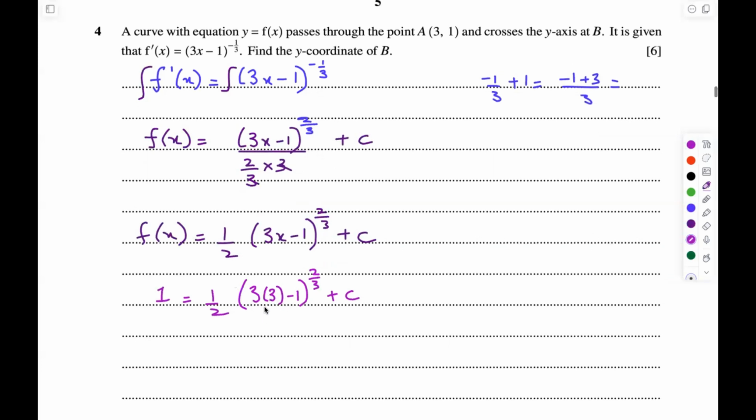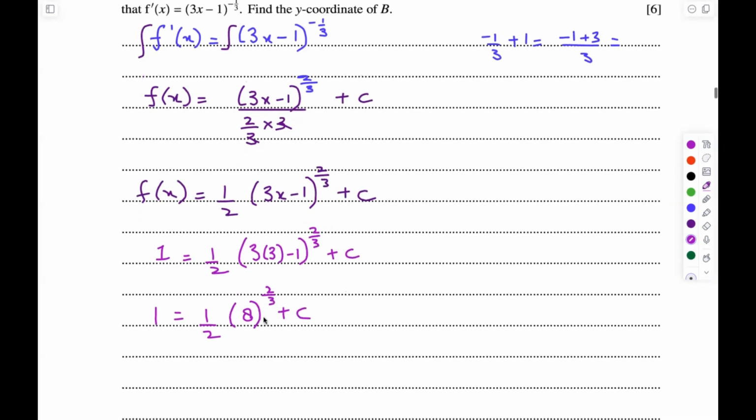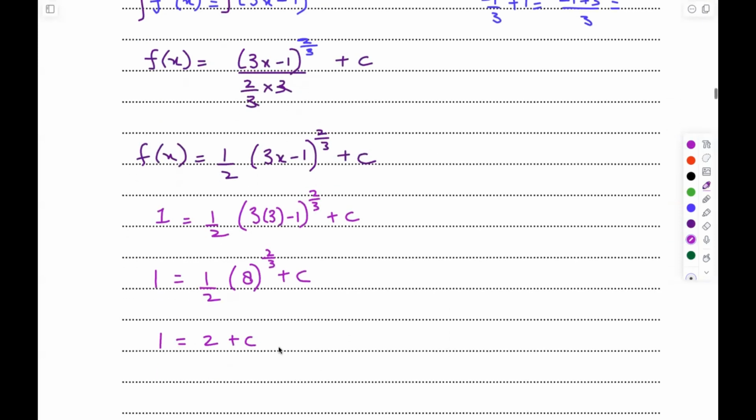So this will become 9 minus 1, 8. So we have 1 upon 2 into 8 to the power 2 upon 3 plus c equals 1. 8 to the power 2 upon 3: the cube root of 8 is 2, 2 squared is 4, and 4 divided by 2 will become 2. So 1 is equal to 2 plus c, and the value of c will be equal to minus 1.